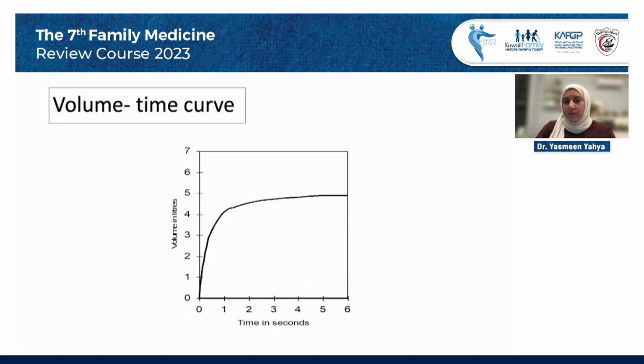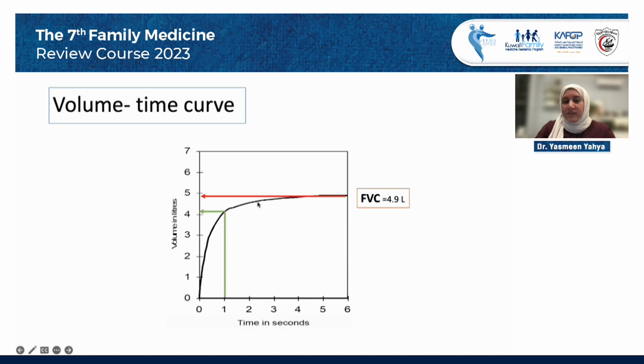The volume time curve shows the volume of air in liters against time. So here at 0, the patient will have forced expiration, and when he reaches the maximum volume exhaled, this is the forced vital capacity, and in this case it's 4.9 liters.